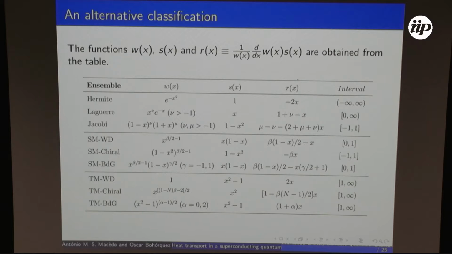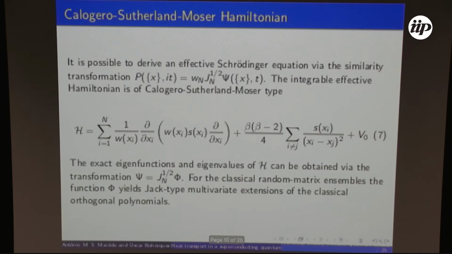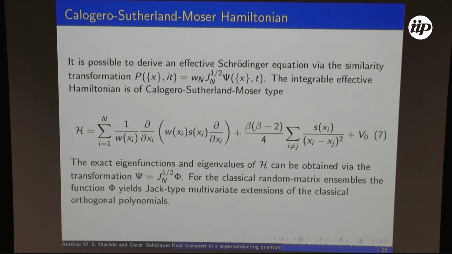The three ensembles can also be classified in terms of the multivariate extension of Hermite, Laguerre, and Jacobi polynomials, which you can relate to Jack polynomials and structures like that. I'm going to mention them later on. Okay, so this is the table. What you have to do is to find your W and X functions from this table, and then you try and solve the problem.